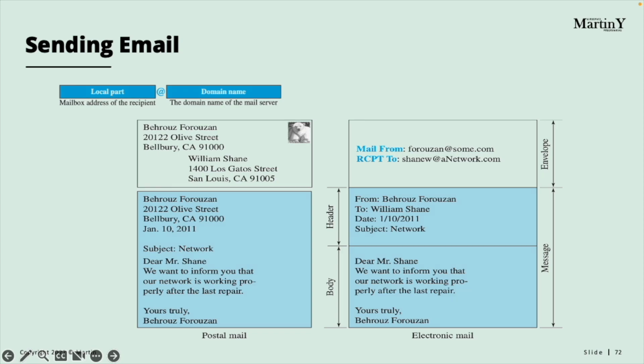Then you have the header, which is pretty much the subject and the dates. We all know the information that we see when we receive an email, even before reading it, right? You get the subject for sure. And after that, you have the body, which is obviously the actual message that you want to send. And this is what is done in the user agent.